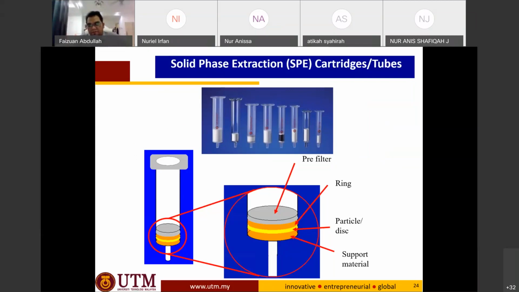We have a thing like a syringe like this, right? Okay, it looks like a syringe, right? So here we have a solid phase extractor inside, right?